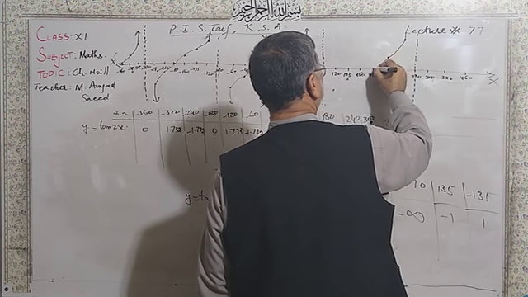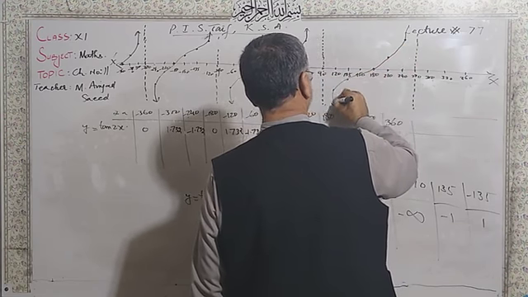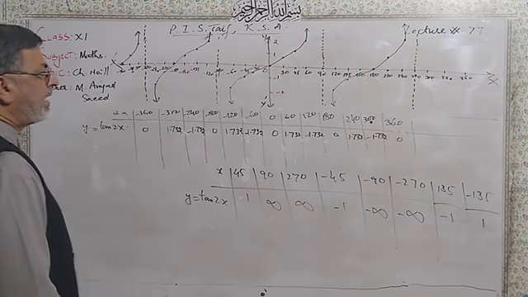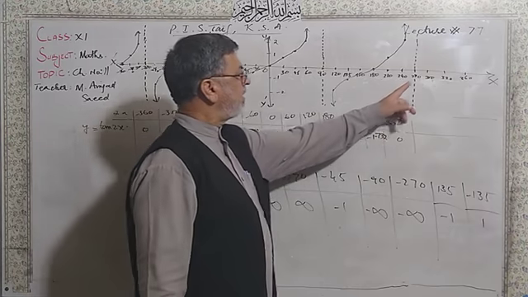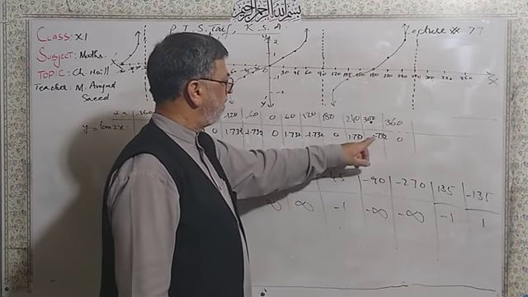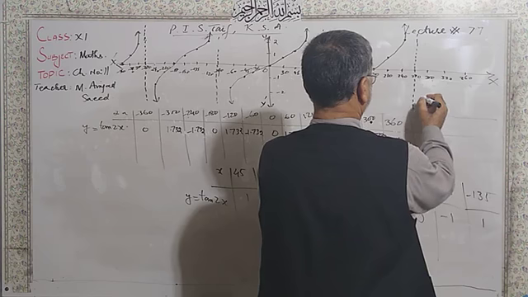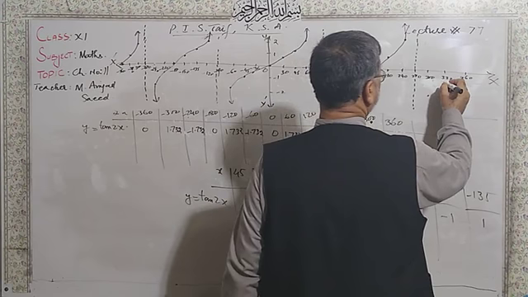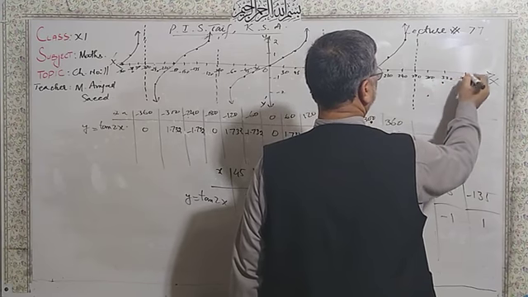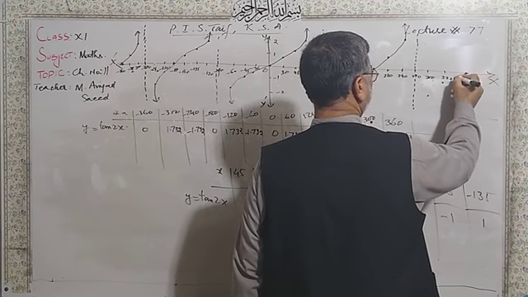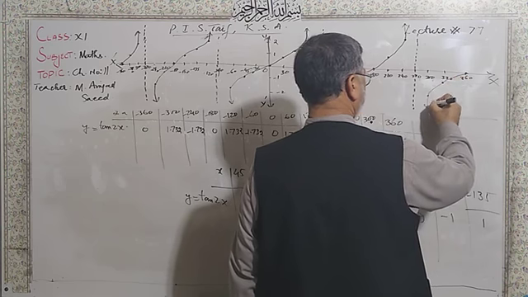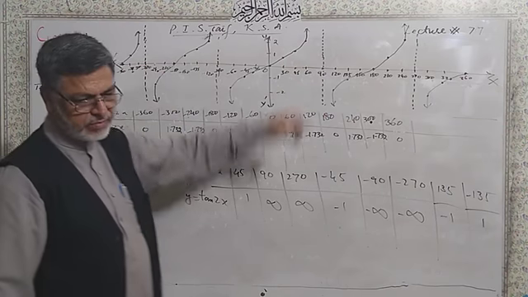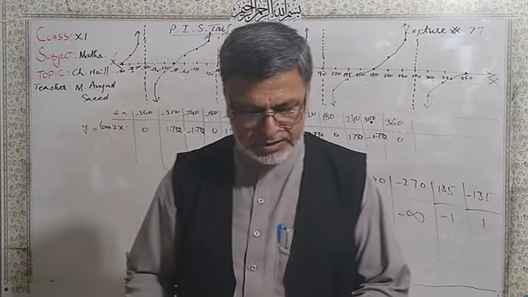So you will have the graph like that. After that, 270 infinity, 300 minus 1.732. 330 is minus 0.6 and 360 is 0. So dear students, this is the graph of tangent function in this way. I hope that you understood this question.